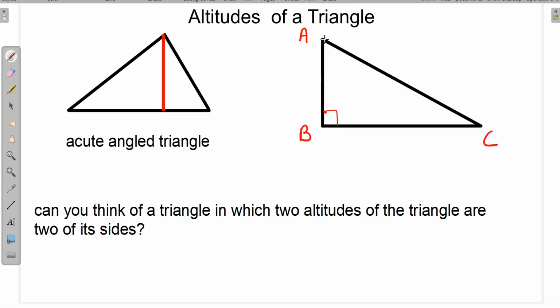A is the vertex and the line is drawn from the vertex to the opposite side perpendicularly. This line falls perpendicular to BC. So AB is the altitude of the triangle.